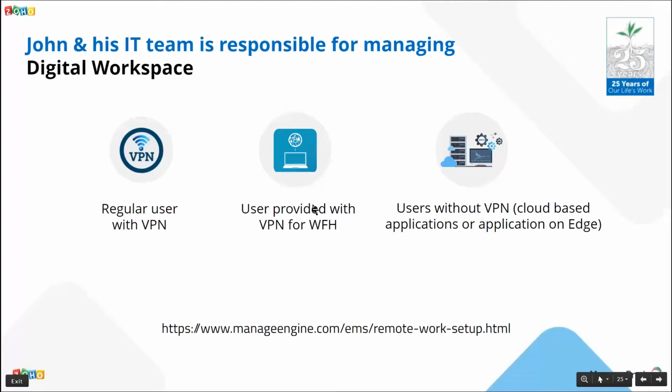They are new to VPN and they are provided with VPN access and are using VPN to connect to the network and work. And the third type of users will be the internet users who will not use VPN. They will always be using cloud-based applications from a browser. They directly connect through the internet and access the resources from your network. So these are the three types of users.